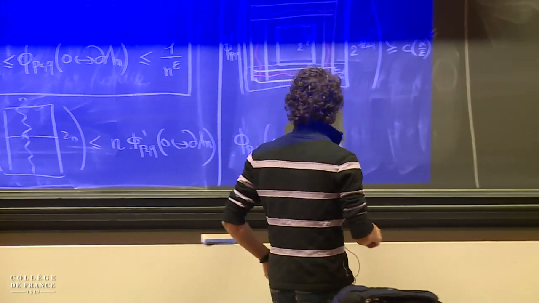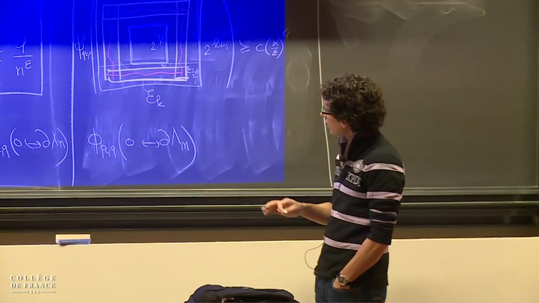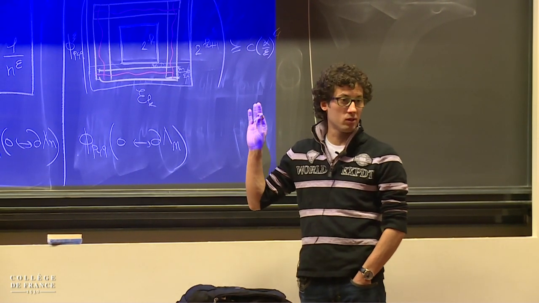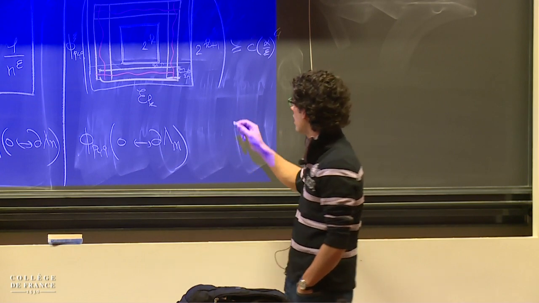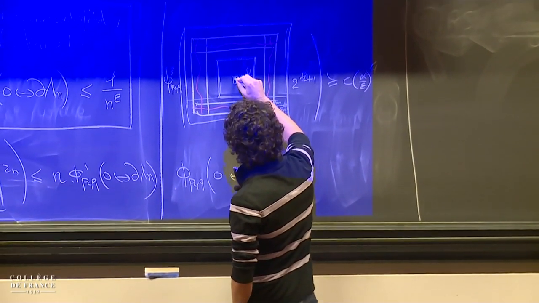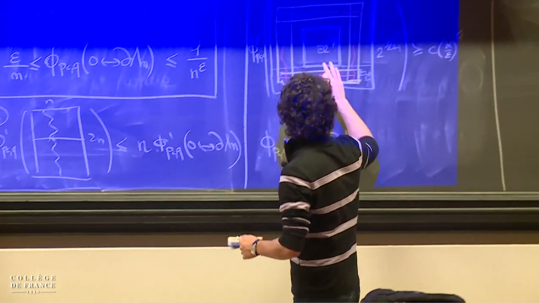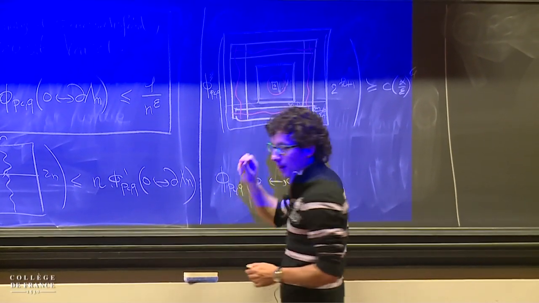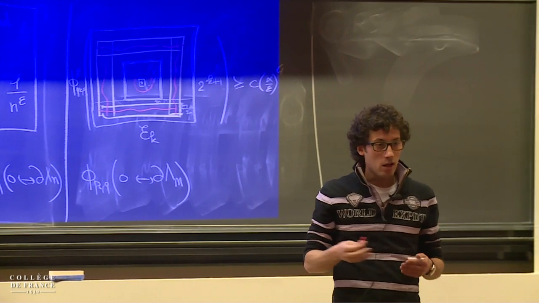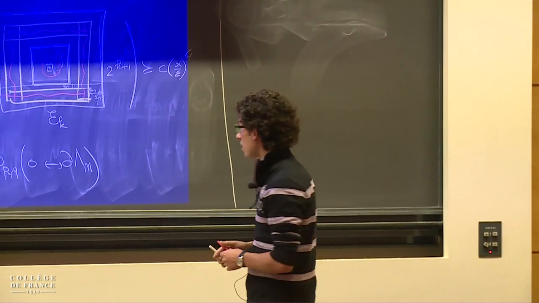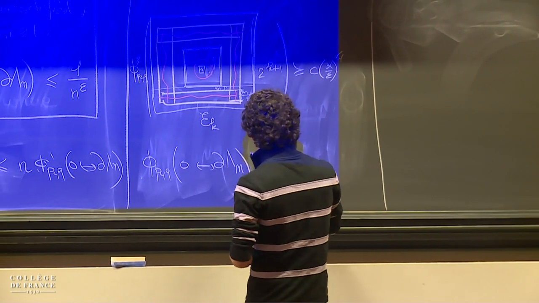If I want 0 to be connected to distance n, I need all these events not to occur. Because if in one of these annuli I find a dual path, then I'm done. I don't have a path from the inner side to the outer side.